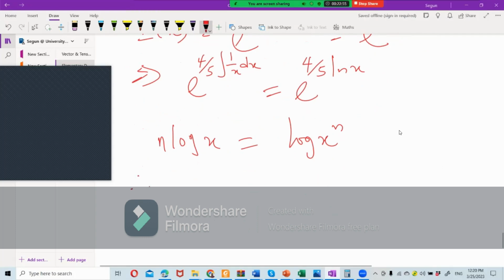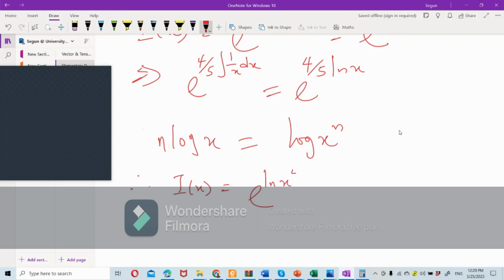Therefore, our integrating factor will be exponential ln x raised to power 4 over 5, which is the same thing as x raised to power 4 over 5.